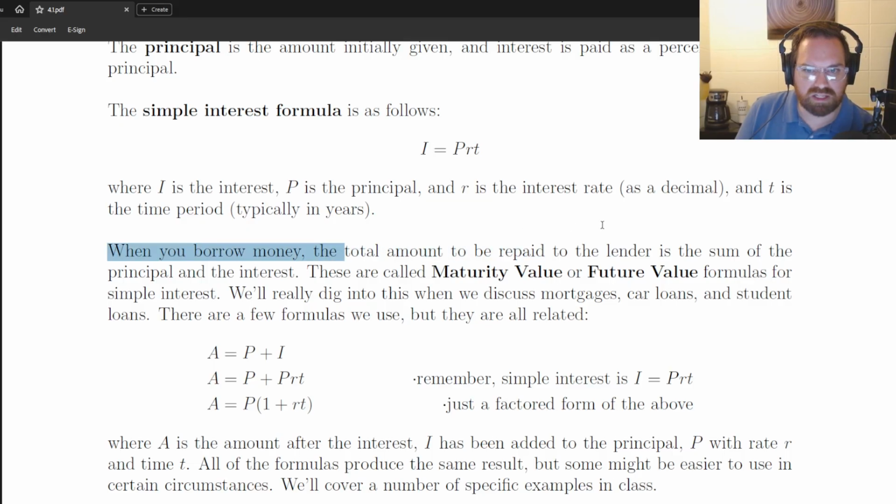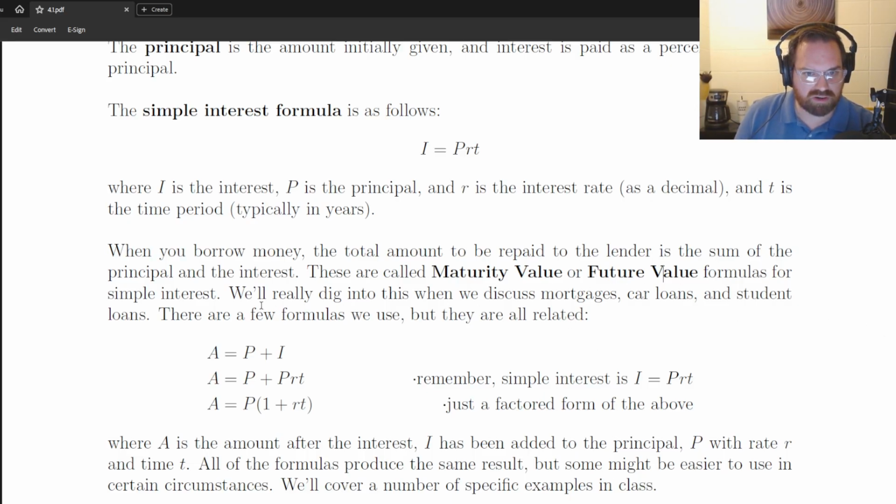So this is the total amount. There's a formula for that, and we're going to deal with it down here. These are called maturity value or future value formulas. That's the combination of the amount that you borrowed plus the interest that you owe as well.